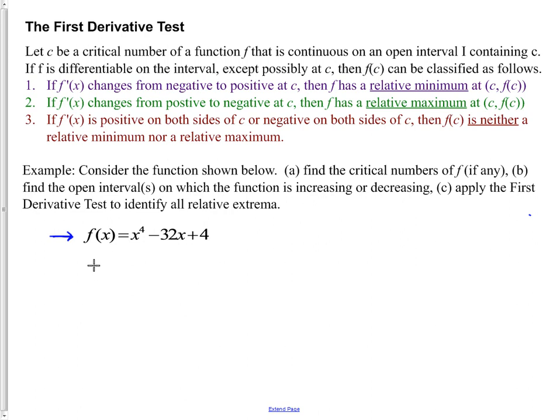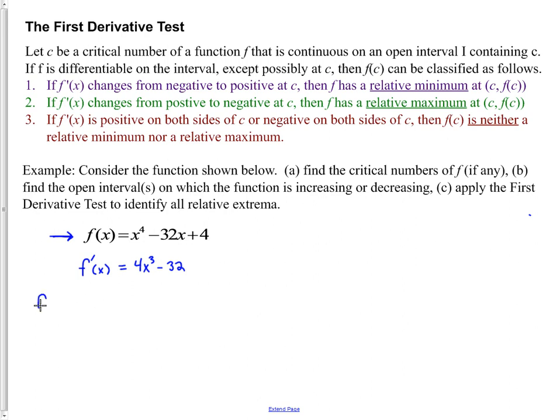So the next question is, let's find our critical numbers. We need f prime of x for that. If we take the derivative, we get f prime of x equals 4x cubed minus 32. Here we have to remember a little algebra.